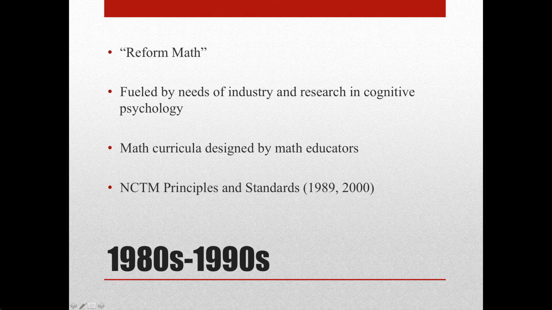During this time, the National Council of Teachers of Mathematics published an important document in 1989 called the Principles and Standards. And in this document, they described in broad general strokes what kids should be learning from pre-K through 12th grade.